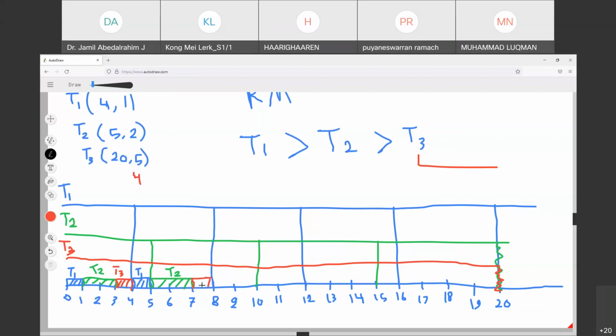Why until 8? Because task 1 is the priority. Because there is a new period of task 1, task 1 will preempt the lower priority tasks, so it will preempt task 3. So here, at the new period of task 1, we execute task 1. How many units? 1 unit.